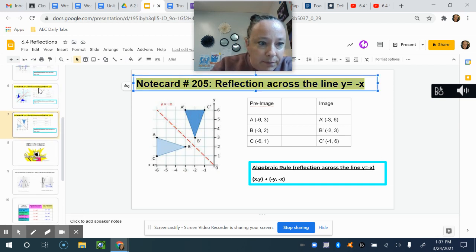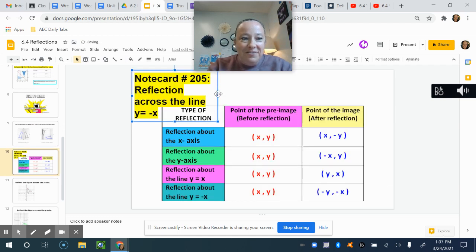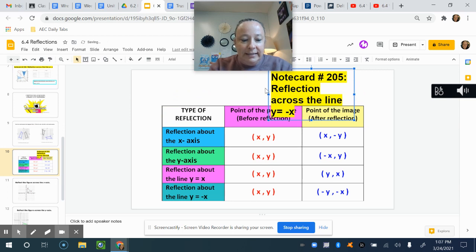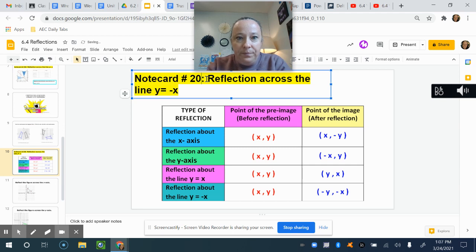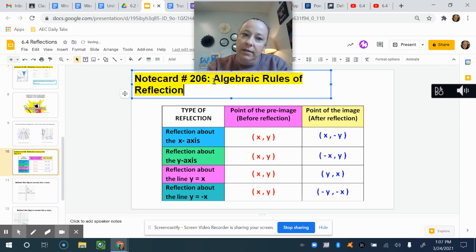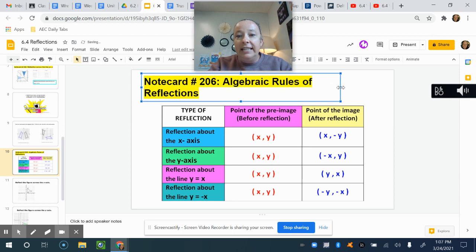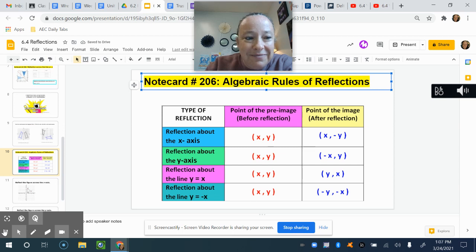We'll call this note card 206, and it'll just be an overall, all the algebraic rules of reflections, so that you have it all in one spot and it's easy access. You can easily see all the different rules. Pause when you finish up note card 206.